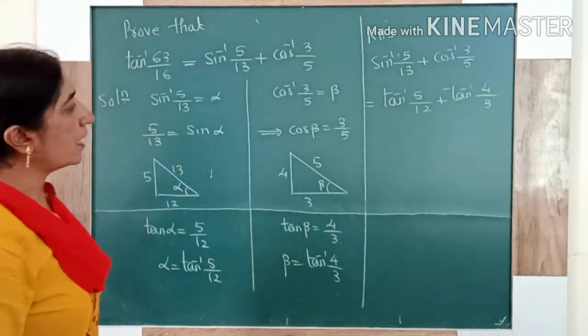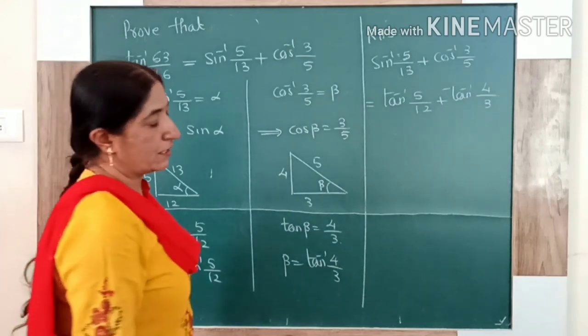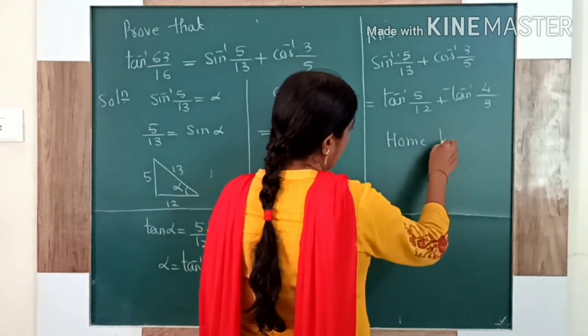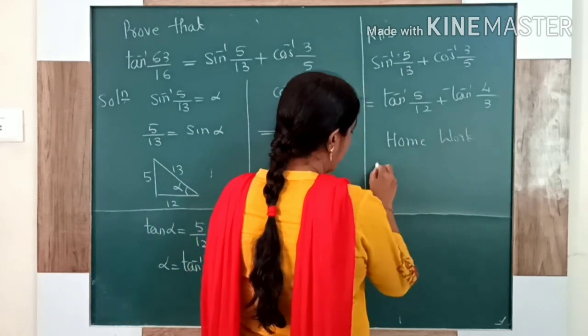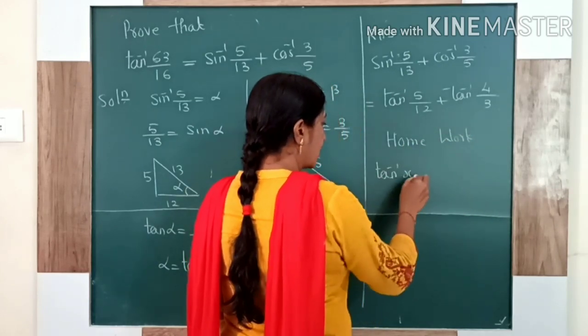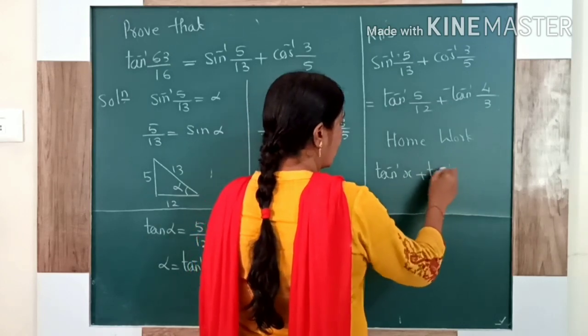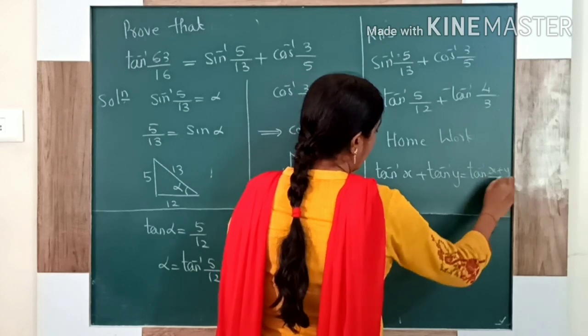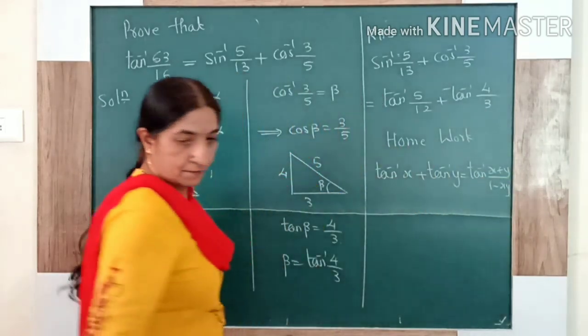So now apply tan inverse x plus tan inverse y. I am giving this as homework for students, because you have to apply tan inverse x plus tan inverse y is equal to tan inverse of x plus y upon 1 minus xy.